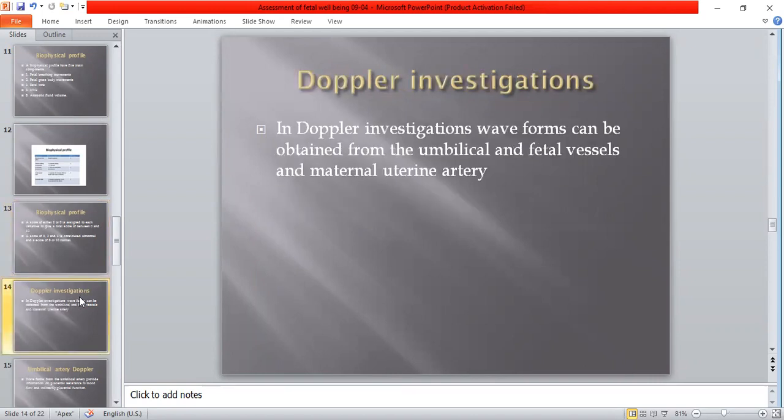Now we are coming to discuss the Doppler investigations. In Doppler investigations, the waveforms can be obtained from the umbilical artery, the fetal vessels, and the maternal uterine artery.